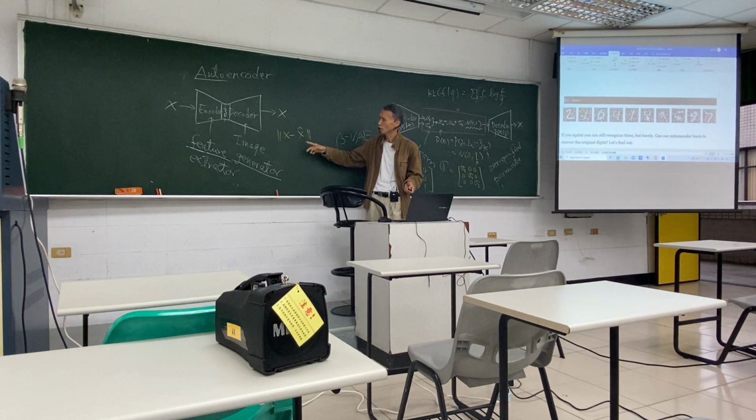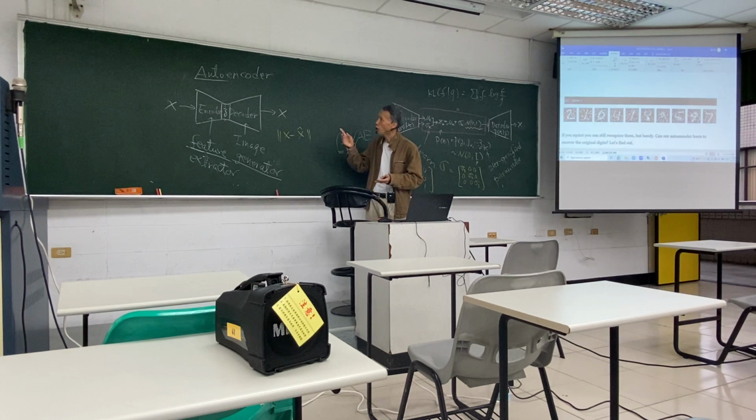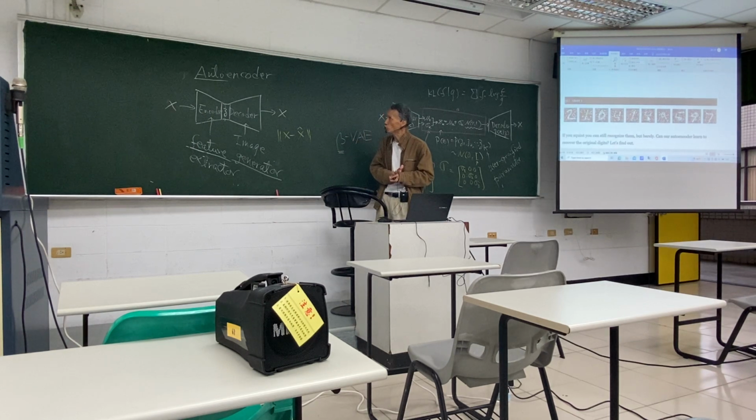For defect detection, we can train on only normal samples, okay? Because we don't have too many defect samples, and you might see a wide variety of defects. So the easy way to use the autoencoder is by training only on normal samples.